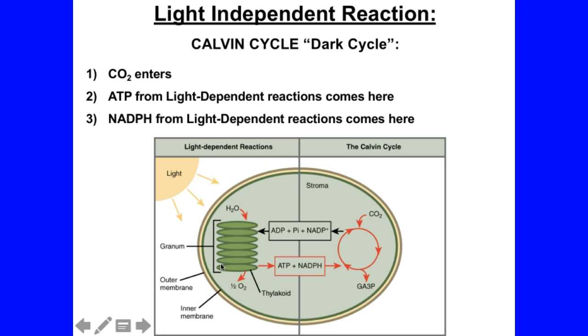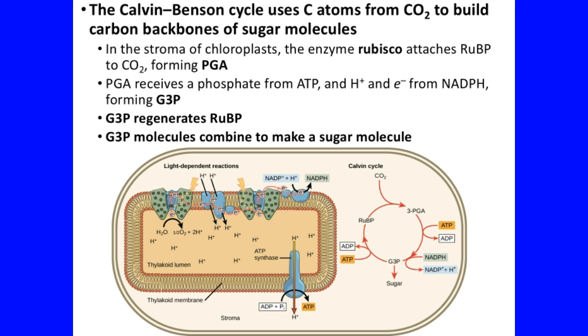As we just mentioned, on the Calvin-Benson cycle, we do need carbon dioxide. We also need ATP and NADPH, which we are getting from the light-dependent reaction. So this reaction's products are what we're using for this reaction's reactants.